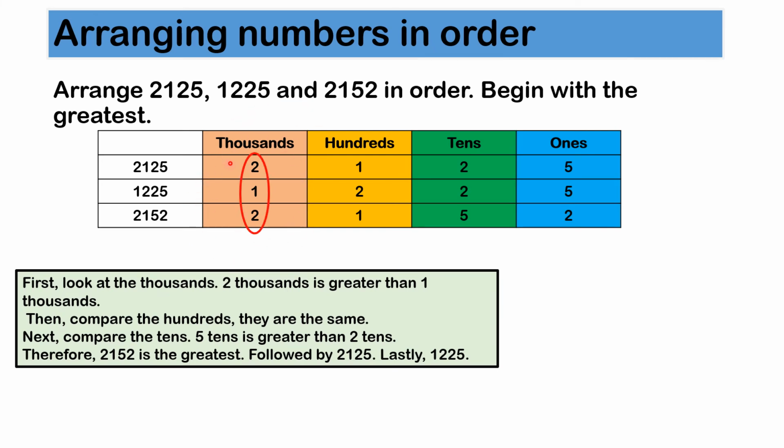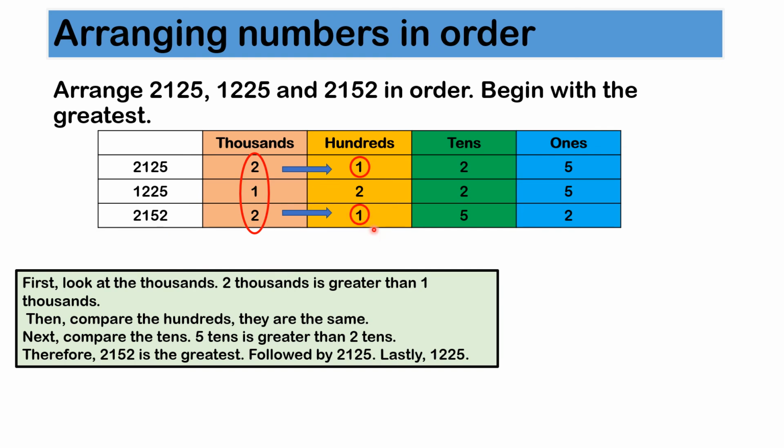We can see that 2,000 is greater than 1,000. So we proceed with the 2,000s to know which one is the greatest between 2,125 and 2,152.